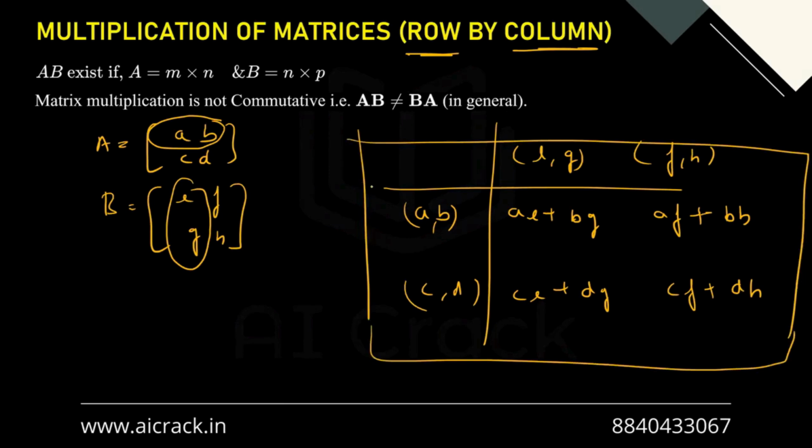You can also use your own methods to find the final multiplication matrix, but this is what we mean by row by column.